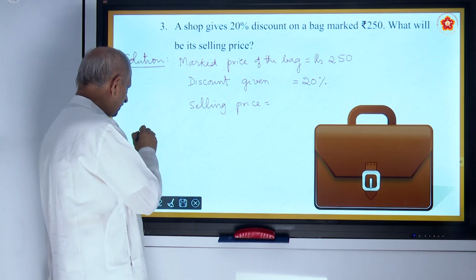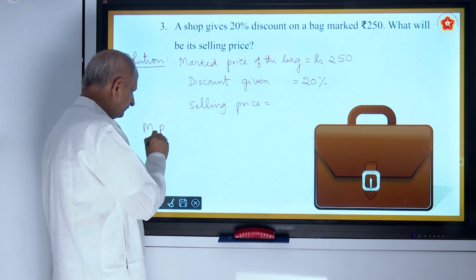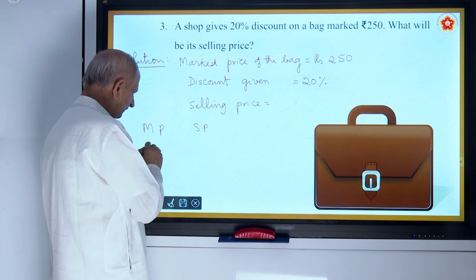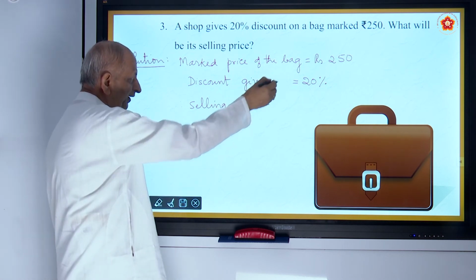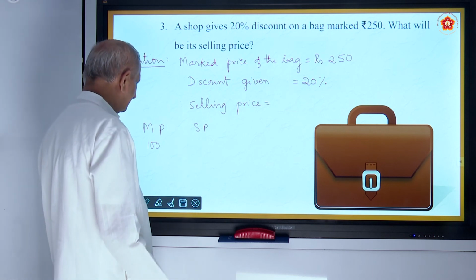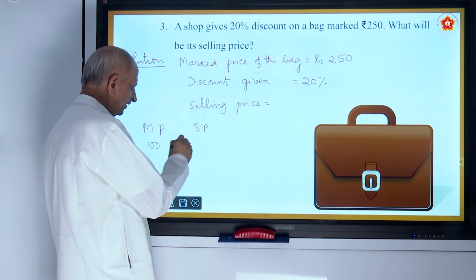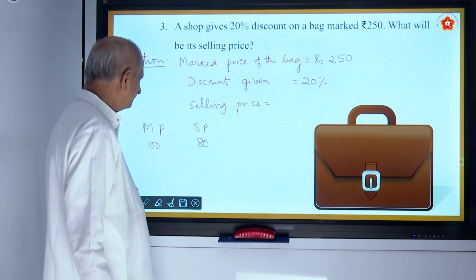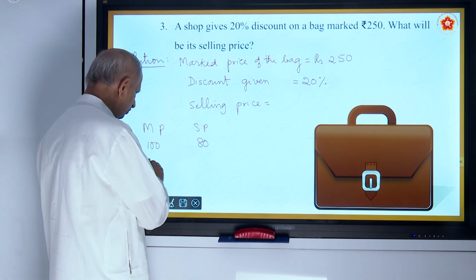So if 100 rupees is the market price, discount 20%, they say. Means for 100 rupees, 20% discount. So after subtracting discount, the selling price will be 80. Now the market price is given to be 250.